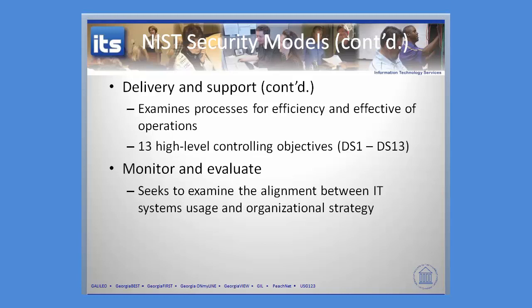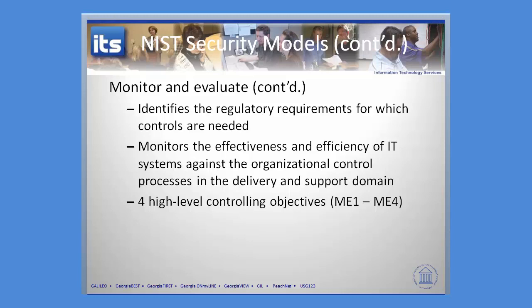And during this monitor and evaluate phase, we're going to look at regulatory requirements for controls, which controls are going to be necessary due to these, and then how are you going to monitor the effectiveness of an ongoing program. 4 high-level objectives, bringing us to a total of 34 objectives across 4 different domains, and within those 34 objectives, you have exactly 215 control objectives. Wow, a lot of stuff built into the COBIT model.